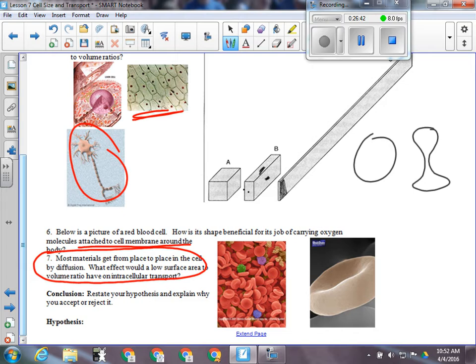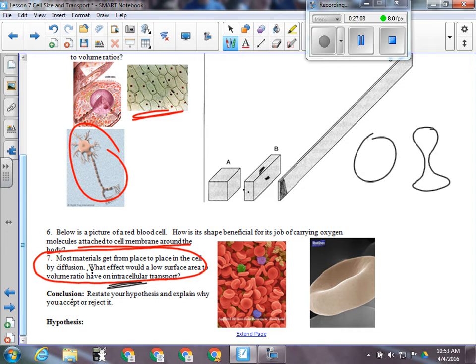And then number 7 is the most important question in the analysis. Most materials get from place to place in the cell by diffusion. What effect would a low surface area to volume ratio have on intracellular transport? Intracellular means within the cell. We've talked about that already several times today, as well as before the break. So I want a good explanatory answer for number 7.